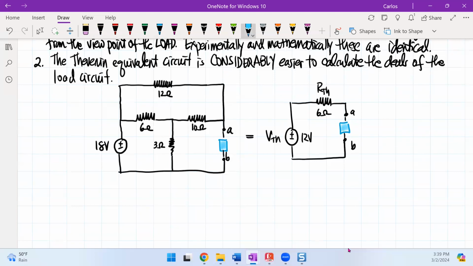So if I'm looking to calculate the current or the voltage of the load, you got to admit that this is more challenging. This is much less challenging.